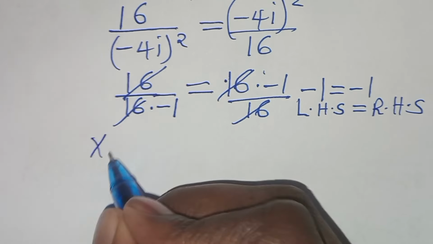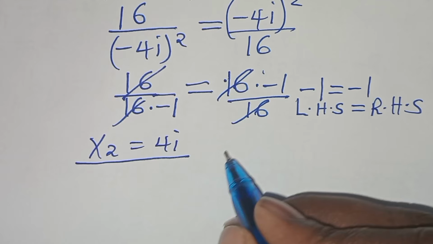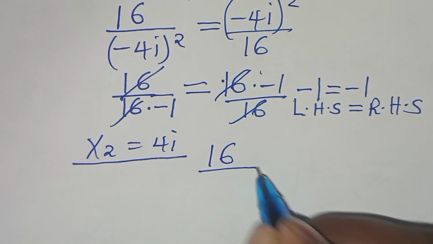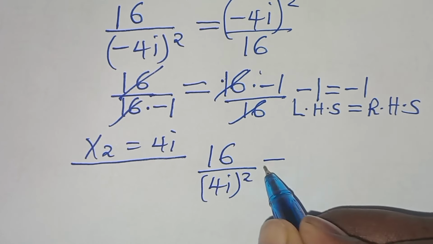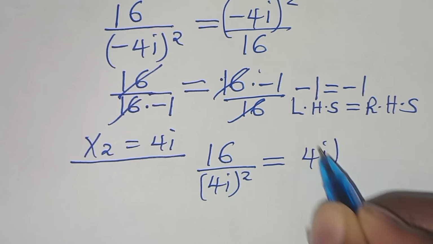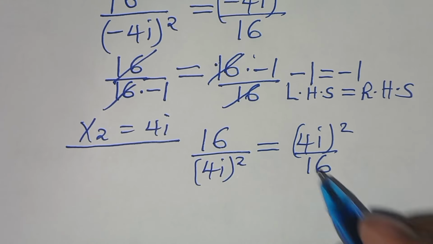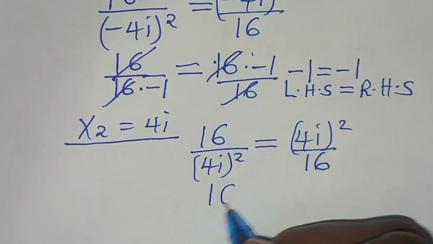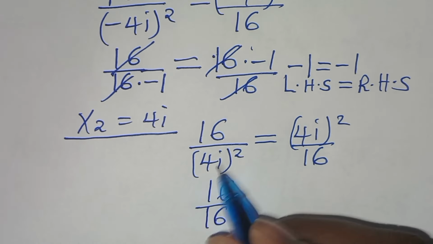Let's proceed to x2, which is 4i. So we have 16 over (4i) squared equals (4i) squared over 16. Again here, we have 16 over 4 squared, which is 16 times i squared.